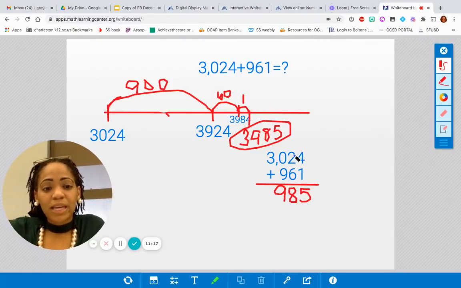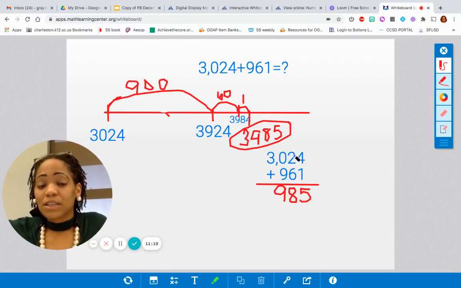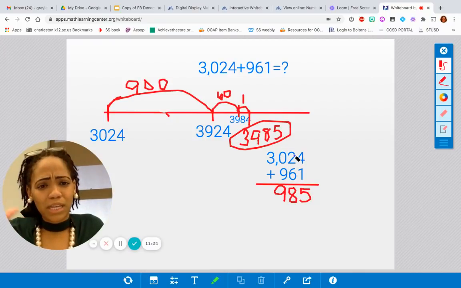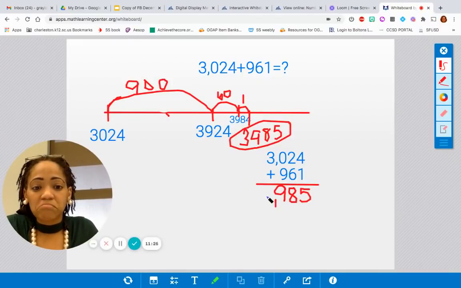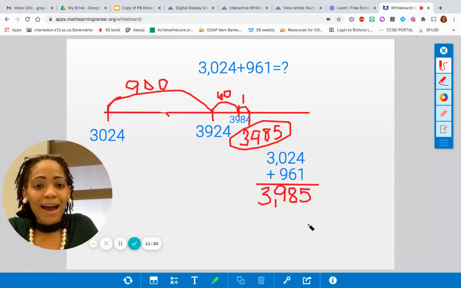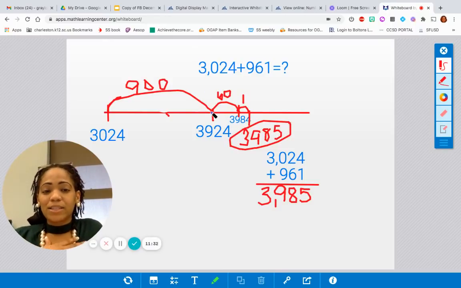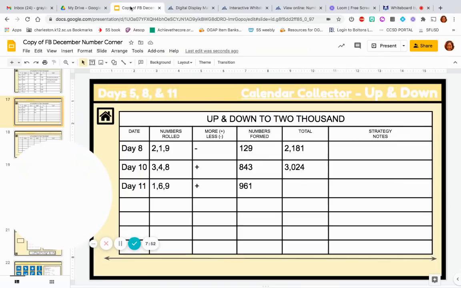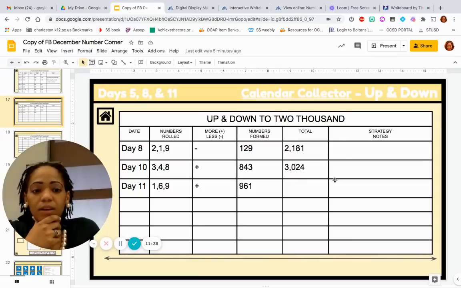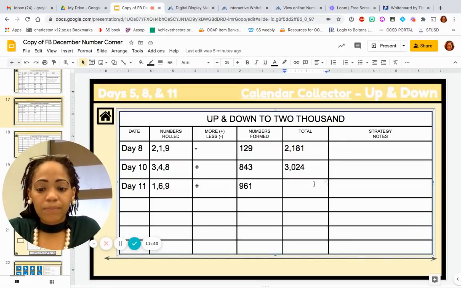And that's sometimes where we get into trouble when we're using the standard algorithm, but we're not thinking of place value at the same time. Then I have 3,000s plus nothing. It's still 3,000, and my answer I got is the same thing I got by using the number line. So please don't forget the standard algorithm. Let's add that here.